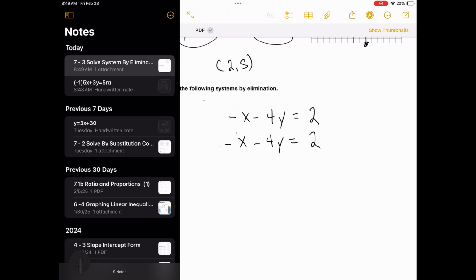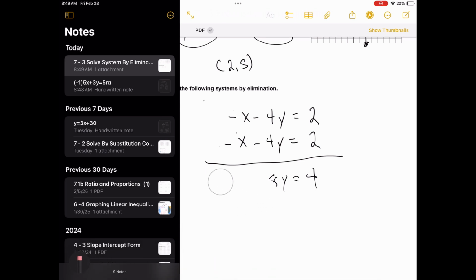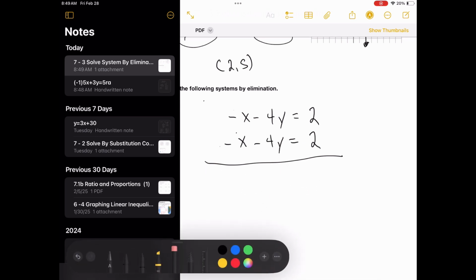Okay, now what you're going to see is these are probably going to be a special case because they're kind of the same line, but I'm still going to go through my process. I'm going to go ahead and say, hey, can I eliminate these? No, because if I actually add them straight down, I'm going to get something that looks like -2x minus 8y equals 4, right?